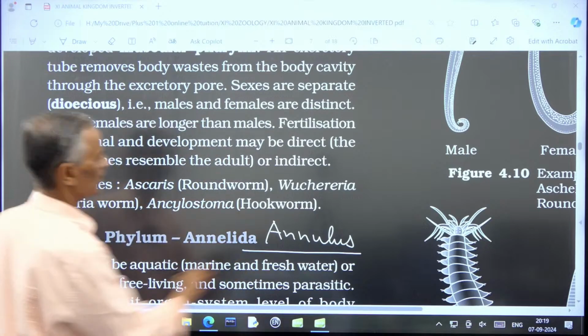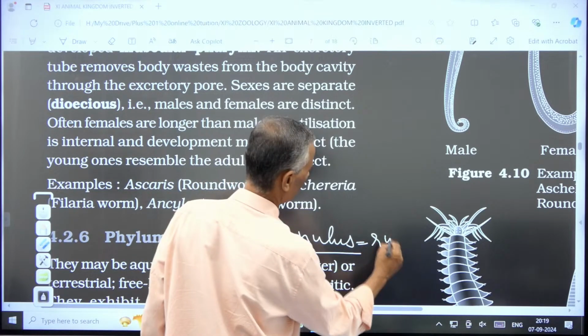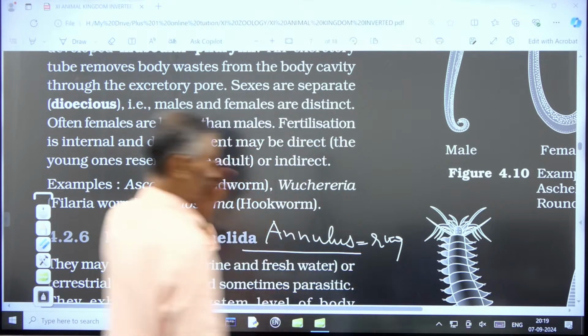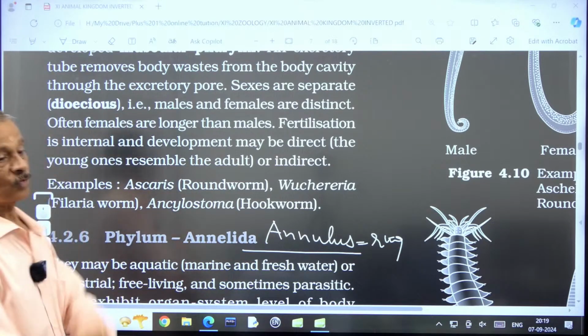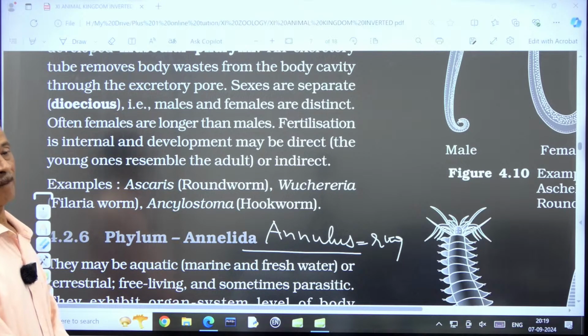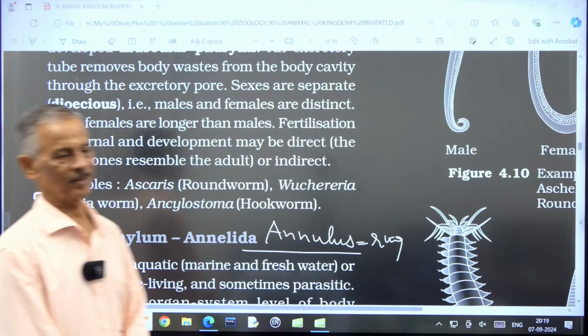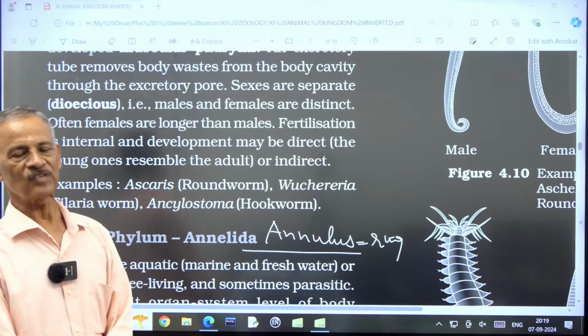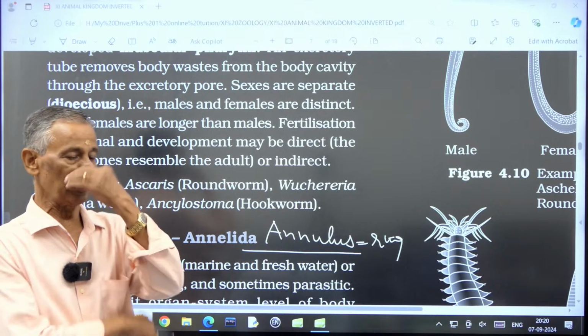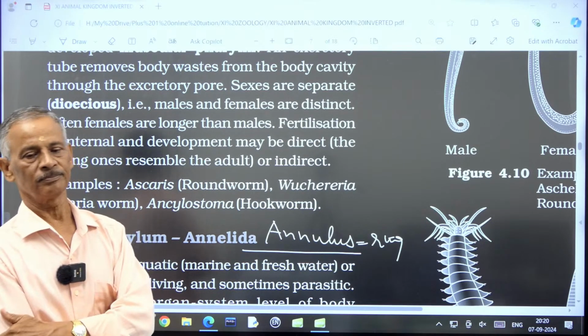Annulus means rings. The body will be having ring-like structures which are called segments. So, metamerism begins from annelids. Annelids are the first animals which are having metamerism.